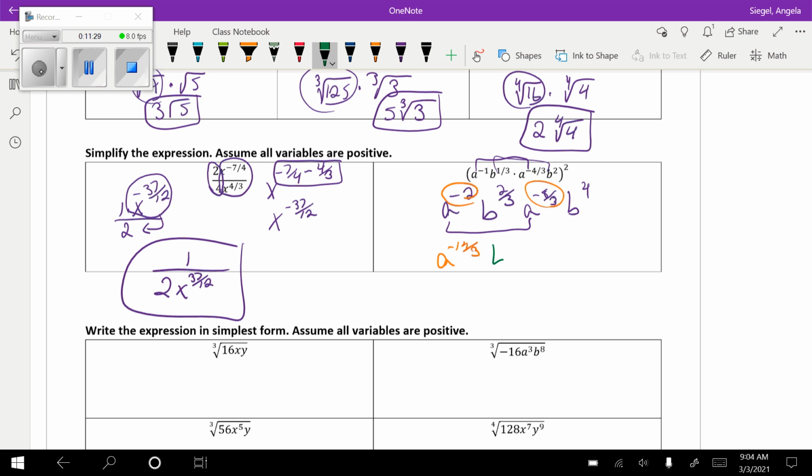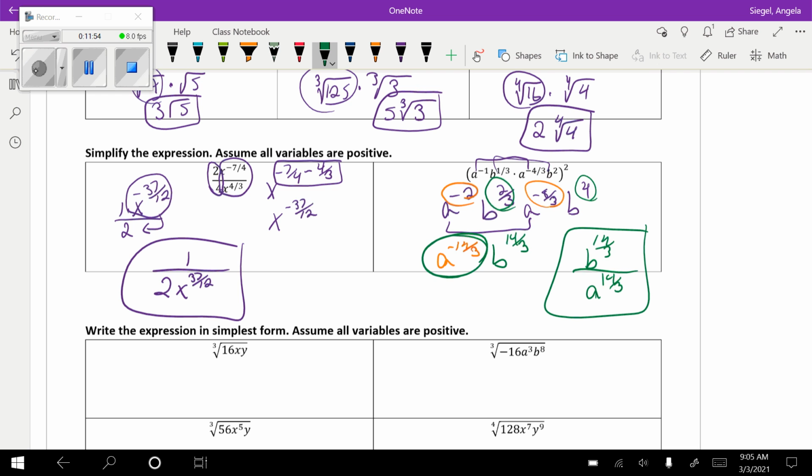So b to the 2/3 plus 4. Go ahead and combine like terms there and see what you get. And I get the same thing, except it's +14/3. The last thing that I need to be aware of is this one is negative. So I'm going to keep the b on top because it's okay where it is, and then over a to the 14/3. So it looks like that.